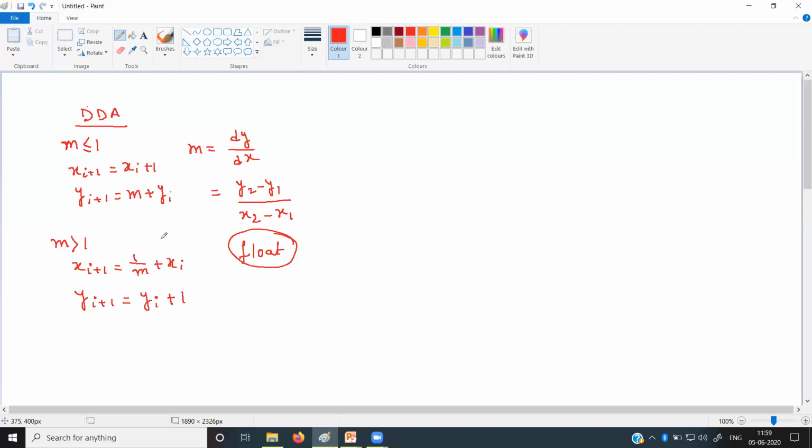So while computing the points using the DDA line drawing algorithm, we need to approximate the value of either y or x depending on the value of m. While approximating, it cannot give you good accuracy. So in terms of accuracy, the DDA line drawing algorithm is poor compared to the Bresenham.